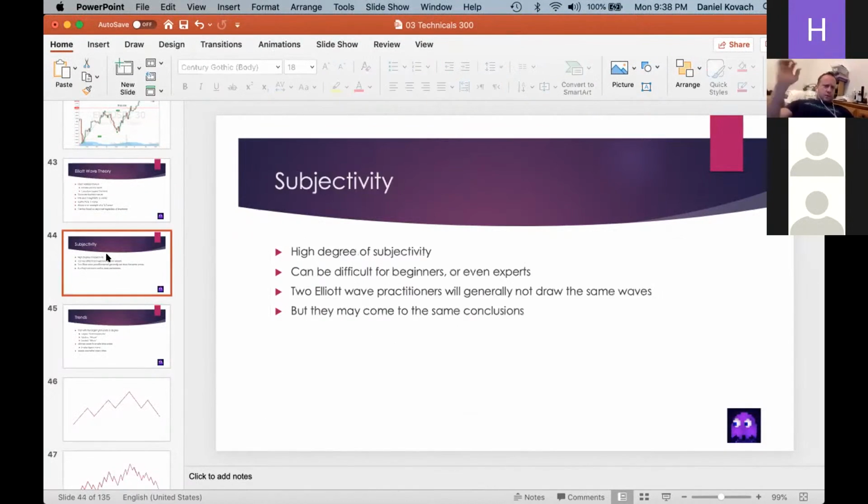All right. So one thing I do have to make very clear is that there is a high degree of subjectivity to this. As I've stressed with some of the other things, Fibonacci is a great example. It's an art and a science. The science part is derived from very solid math. It's been around since like the 1600s.